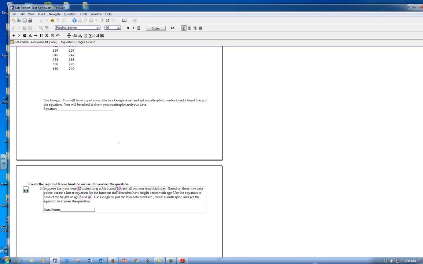So 3 times 12 is 36. 36 plus half a foot is 6 inches. So 36 plus 6 is 42. So this one you will have at birth 0,22, and at 10, 42. So you have two data points, 0,22 and 10,42.